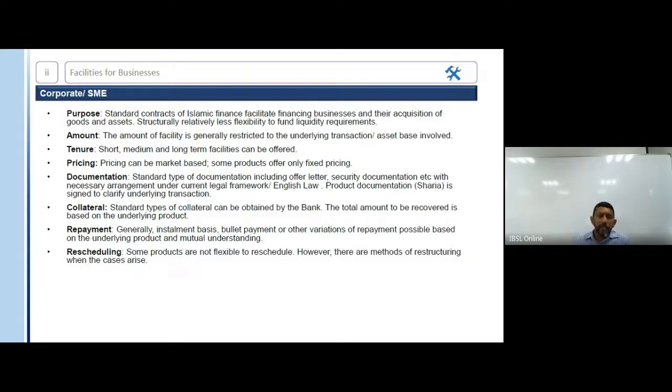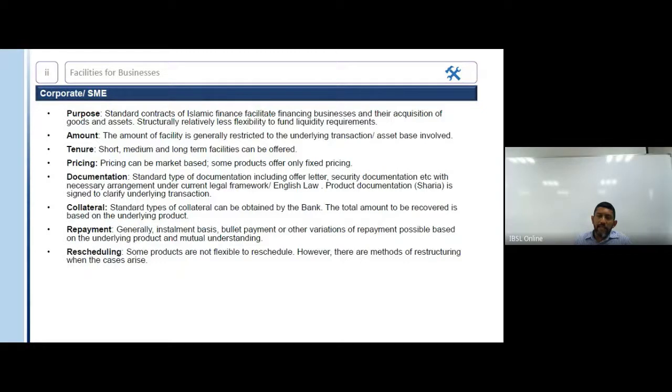Those are liquidity kinds of products, where suddenly you have a mismatch and you go and borrow some money to finance that mismatch. The standard contracts of Islamic finance are more biased towards asset financing than liquidity financing.